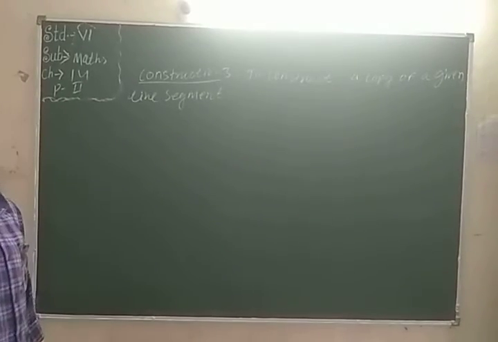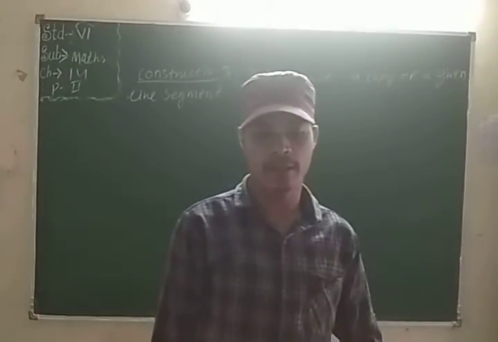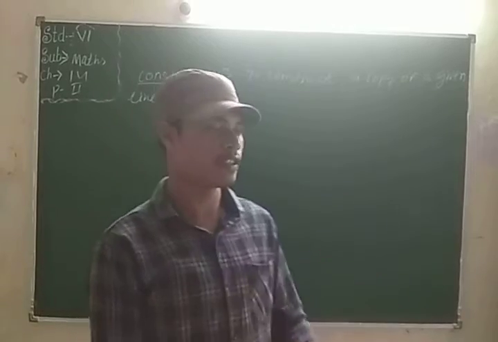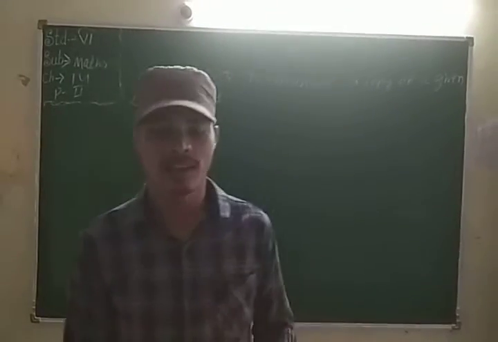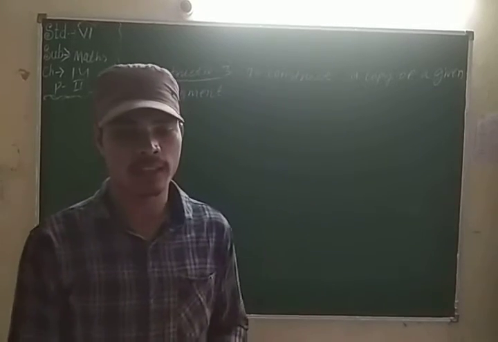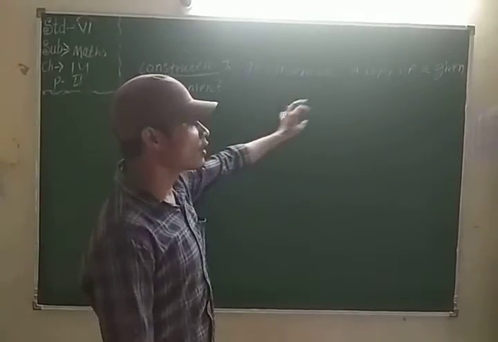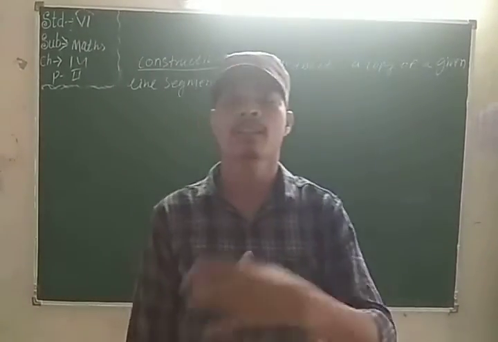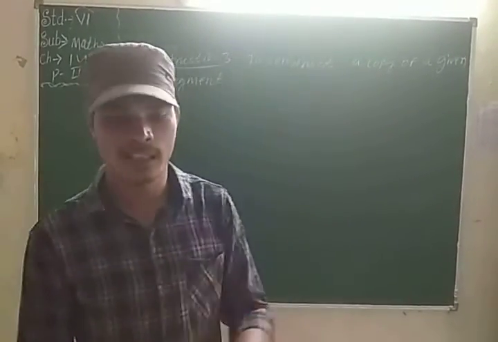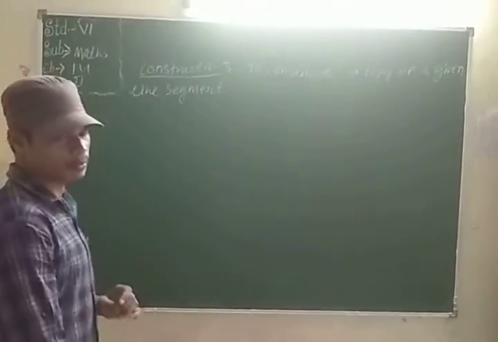That means if a line segment is given, how can we copy the same line segment using the construction instruments, that is the compass, ruler, and the protractor or set square? Or to construct a line segment whose length is equal to the given line segment. That means if one line segment is given, how can we construct a line segment of the same length?